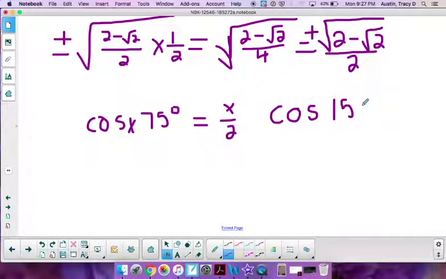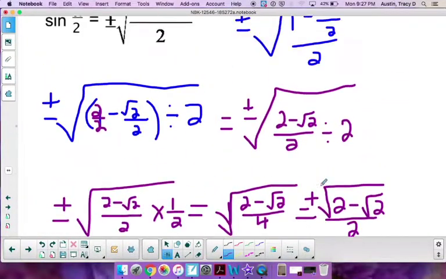Well, 150 degrees is in quadrant 2, and in quadrant 2, cosine is negative. So your final answer would be a negative, because it's based on the angle that you're having to substitute in. Okay, it's based on placement of the angle.